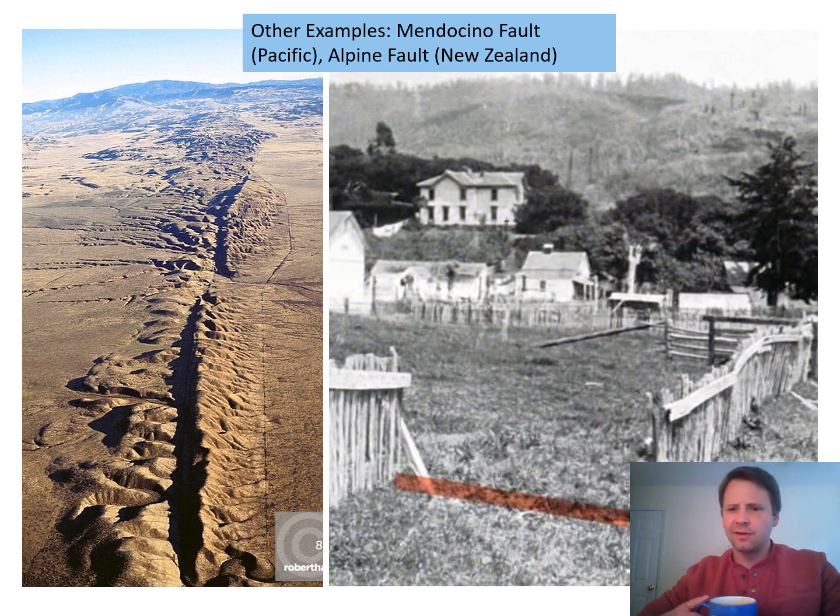I love these pictures. I don't ever really know if these are actual real pictures or not. Obviously on the left we have a picture of the actual fault. I remember during my master's looking at a lot of these old pictures, fascinated, where they show how fence lines have shifted over time because of the sliding of the plates. Presumably, if this is a real picture, this fence used to connect, but as the plates slid past one another, they created these gaps.